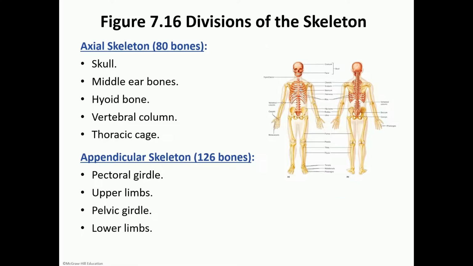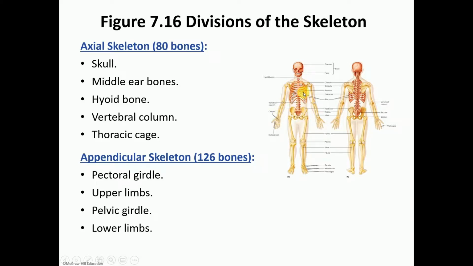So how are these 206 organized? Well, we've got this green axial skeleton. Those are about 80 bones, and those include the bones of the skull and the middle ear, the hyoid bone, which is a bone in the middle of the neck, the thoracic cage, and the vertebral column.